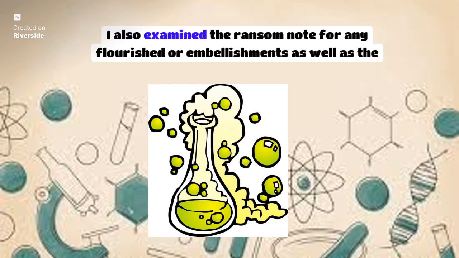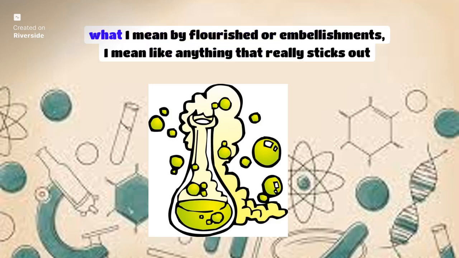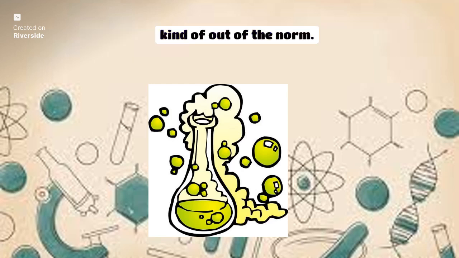I also examined the ransom note for any flourishes or embellishments, as well as the suspect handwriting. What I mean by flourishes or embellishments is anything that really sticks out of the norm of your average handwriting.